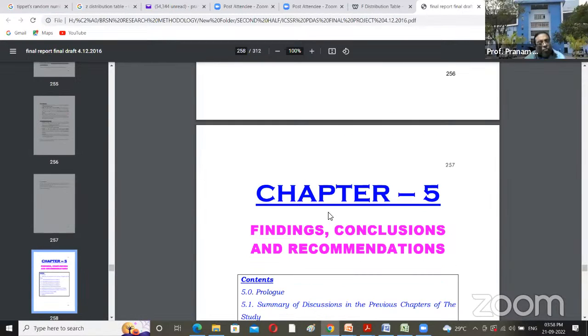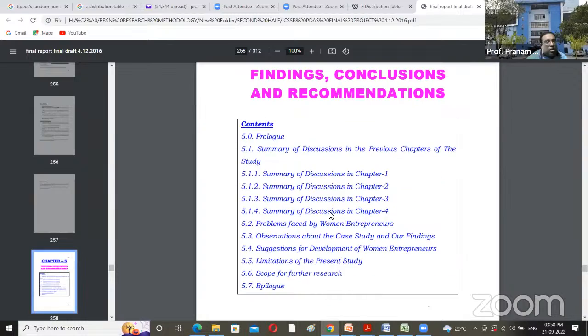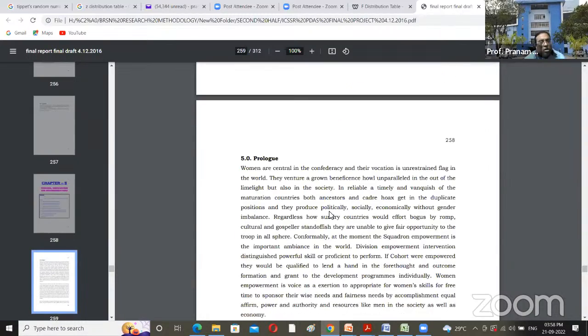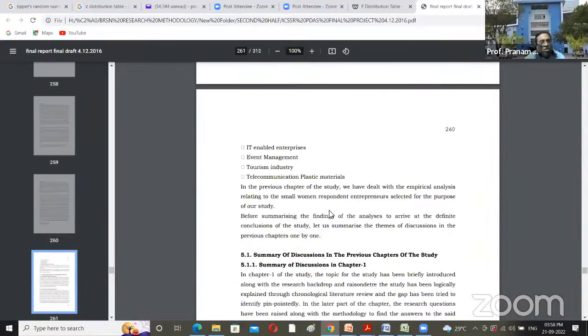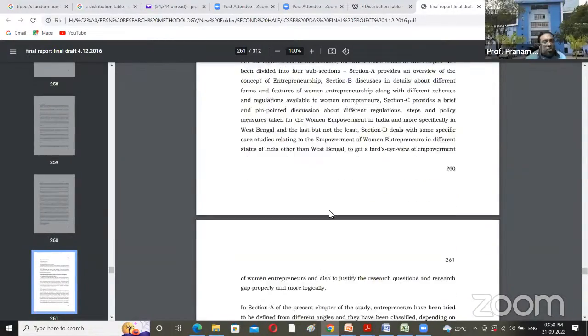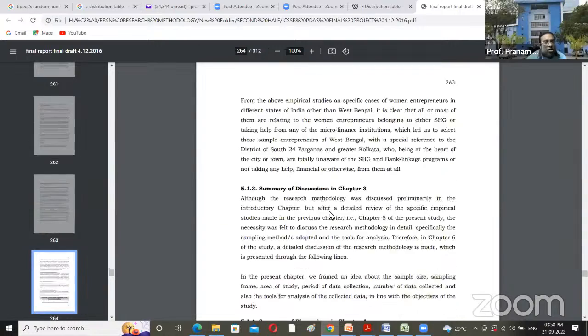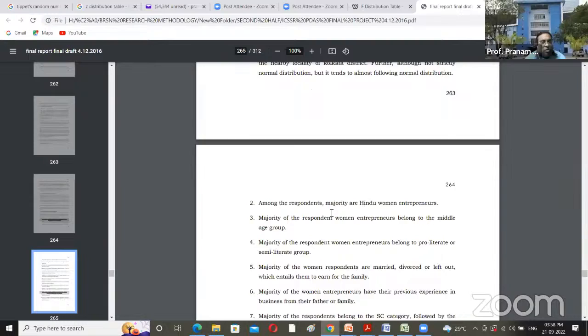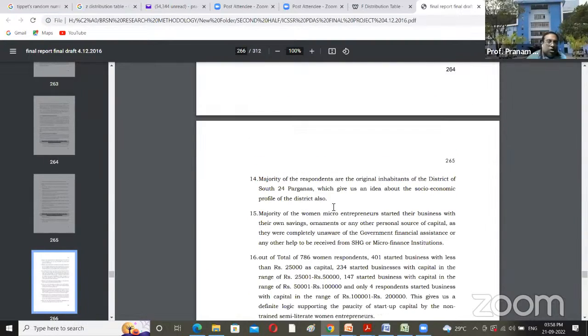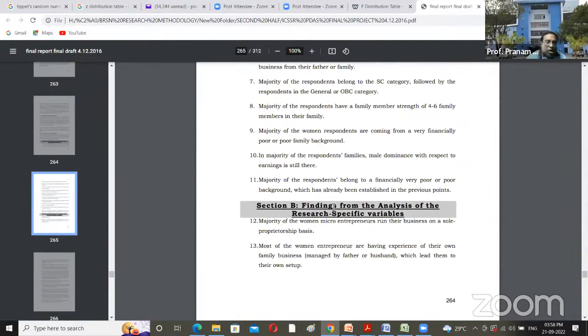Now I am coming to the final findings, conclusion, and recommendation. Just to answer your question, these are the prelogue or prelude, and these are the summaries of the different chapters under study. After that, I come to the findings from the analysis of the demographic variables, then from the analysis of the research specific variables.